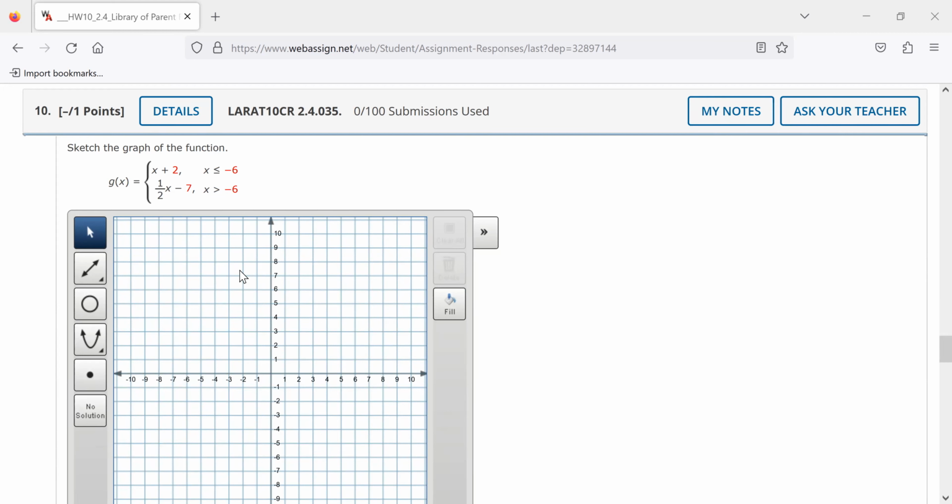So all this is saying is you have two functions that are pieced together around this point here. So they just want us to sketch it. That's it. Okay. So it'll be the top line if we're below -6.